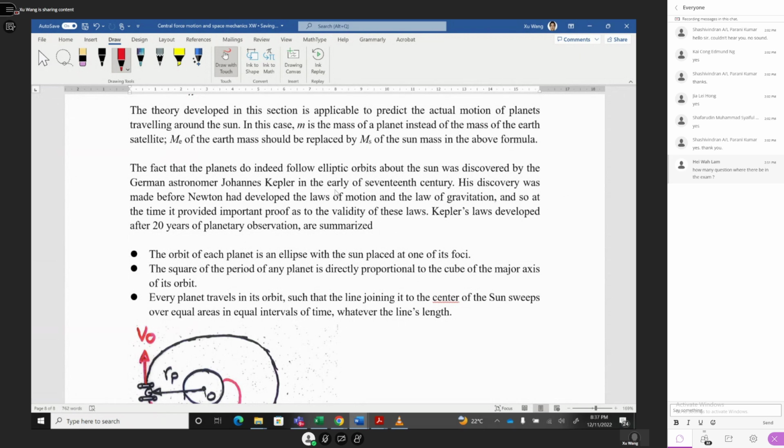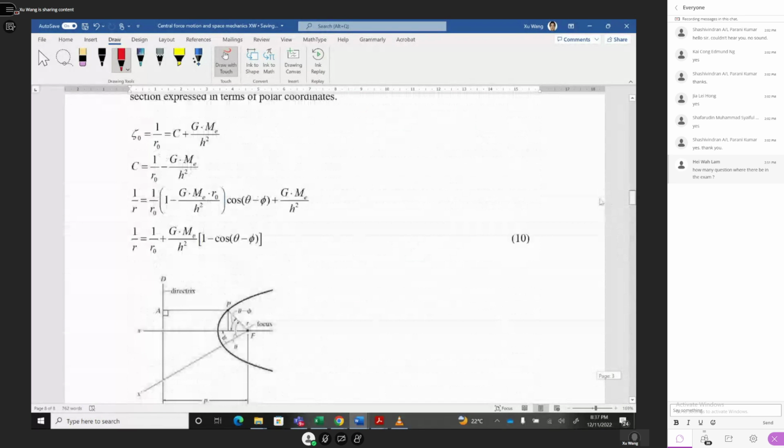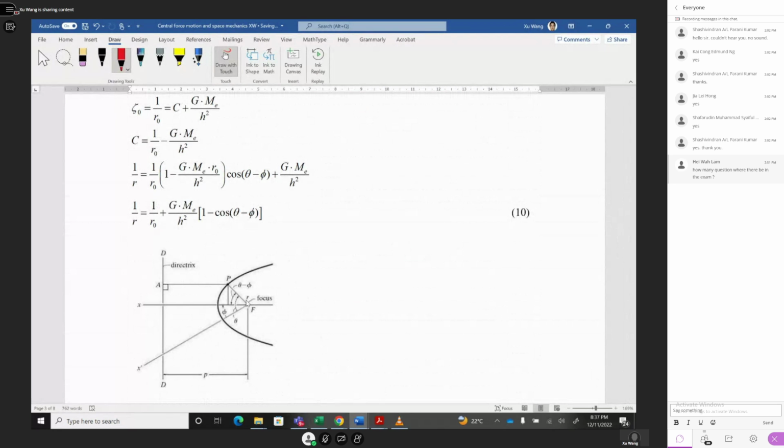What kind of observation did he make? Kepler's laws were developed after 20 years of planetary observation. His observation: the orbit of each planet is an ellipse with the sun placed at one of the foci. That's why we replace Earth by the sun, and the satellite by the planets.